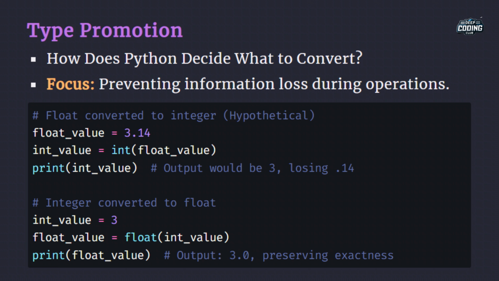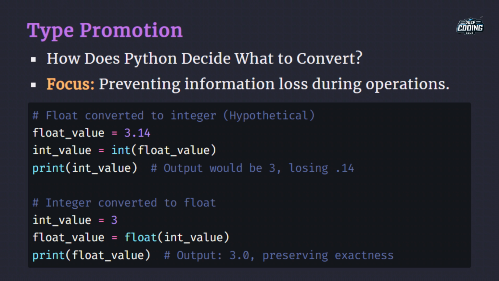part. On the other hand, converting an integer to a float adds a decimal point but also retains the original number's integrity. For instance, converting the integer 3 to a float will result in 3.0, which preserves the value's exactness.